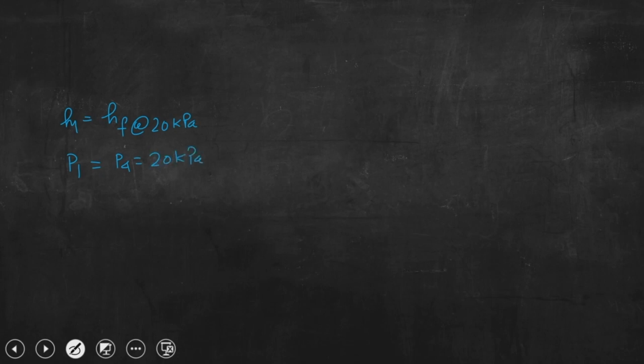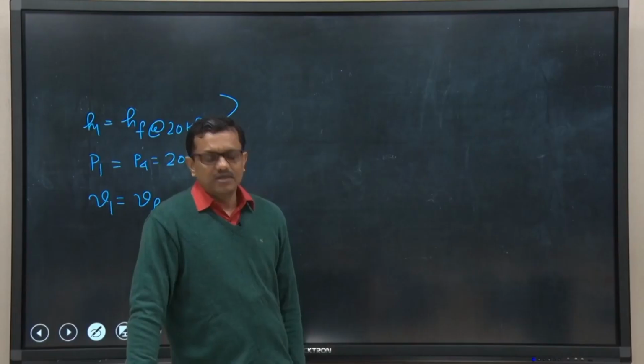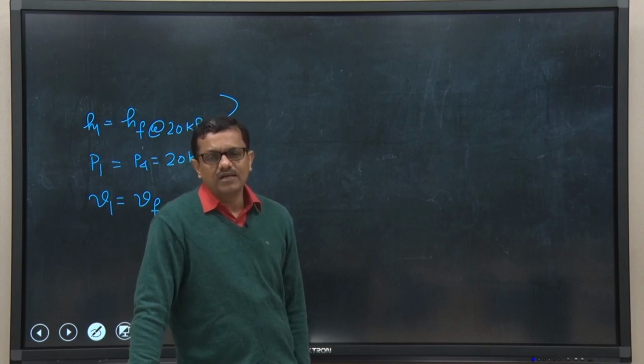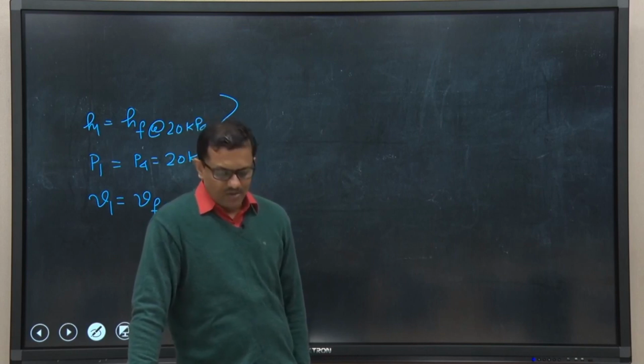What do we need to know also? That is V1, the specific volume, that is Vf corresponding to 20 kilopascal. All these are needed. Again H1 equal to Hf at 20 kilopascal, that is the specific enthalpy of the liquid corresponding to the pressure 20 kilopascal.